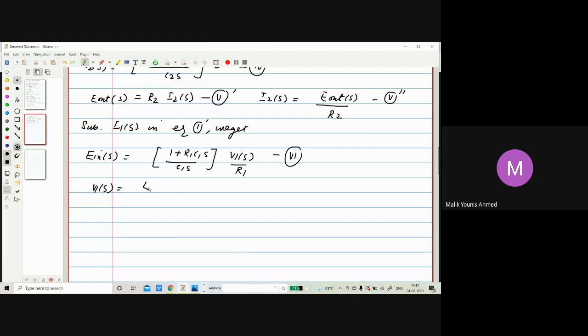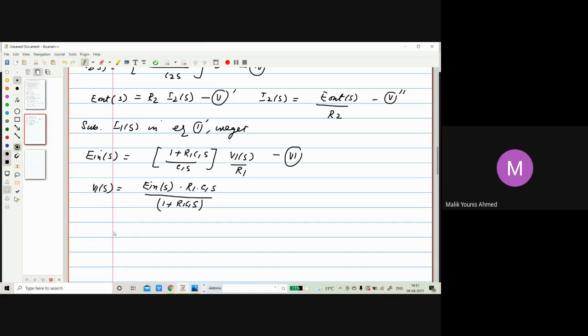So that will be E in of s R1, then it will be C1 of s, okay, denominator is multiplied there, divided by 1 plus, okay, this is another problem now. This is V1 we have got.